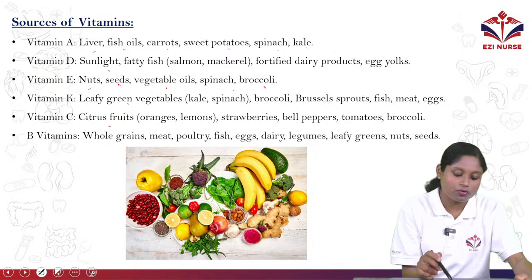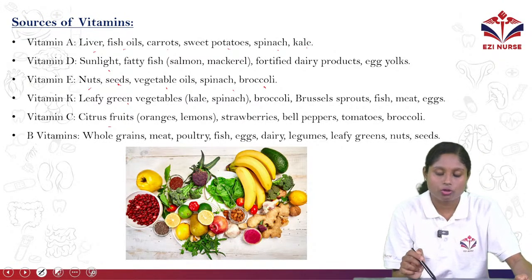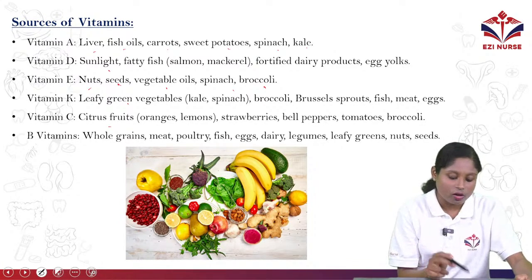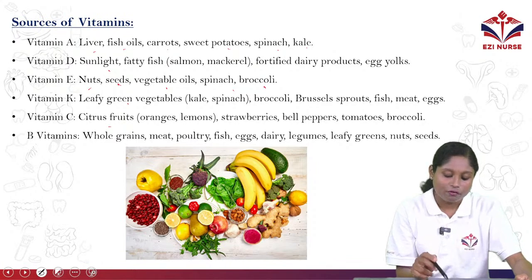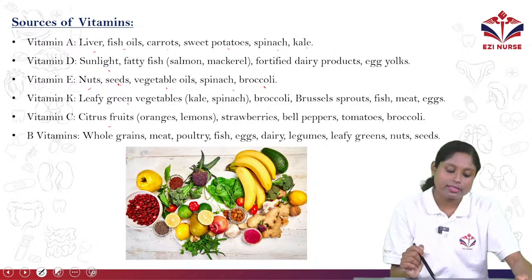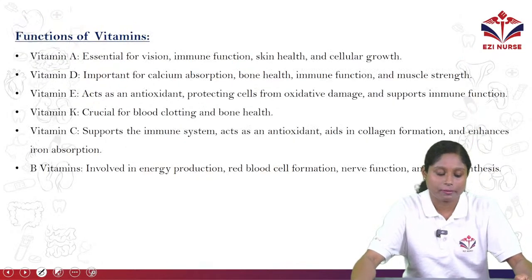Vitamin C from citrus fruits like orange and lemon, strawberry, bell peppers, tomato and broccoli. B vitamin complex: whole grains, meat, poultry, fish, egg, dairy, legumes, leafy vegetables, nuts and seeds. So these are the main sources of vitamins.